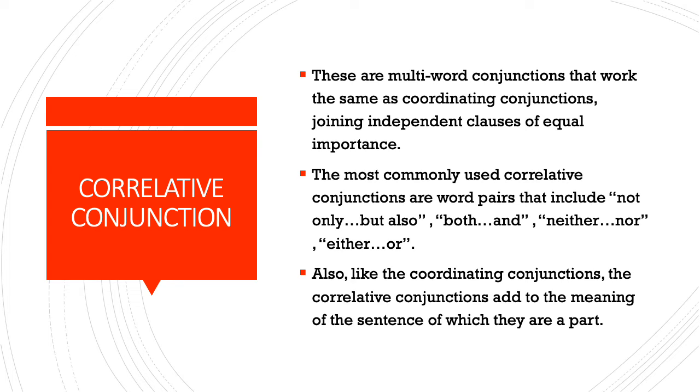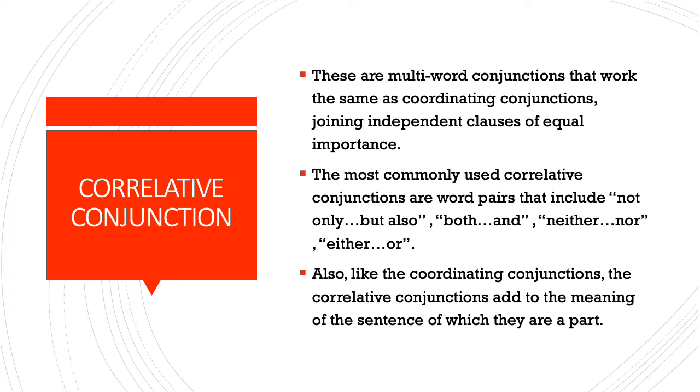Okay, so they again join independent clauses of equal rank or status, and the word pairs are not only but also, both and, neither nor, either or. So if I am using a correlative conjunction, say suppose a particular pair, not only but also, so in a particular sentence I cannot only use not only. When I am using not only, obviously I have to use but also as well.